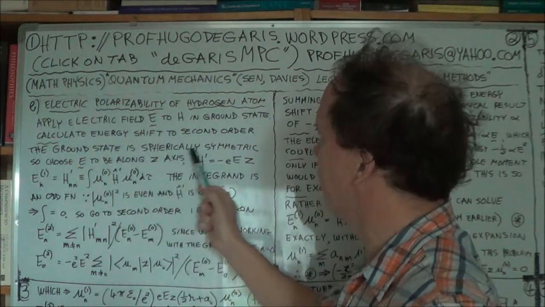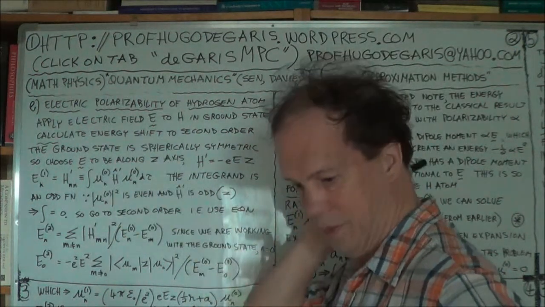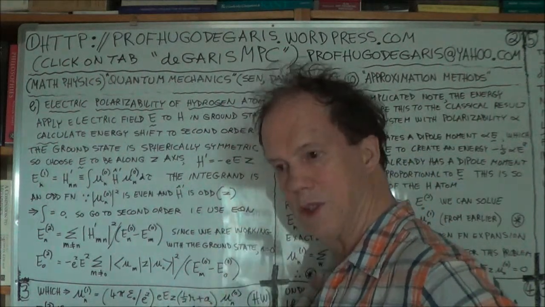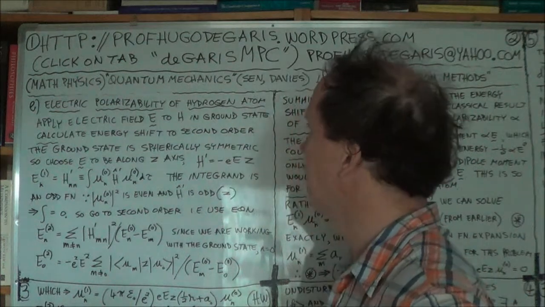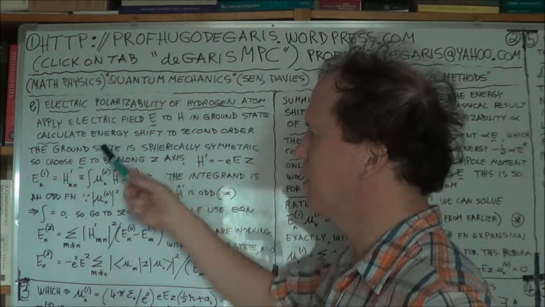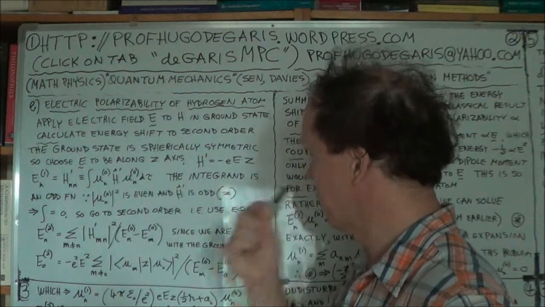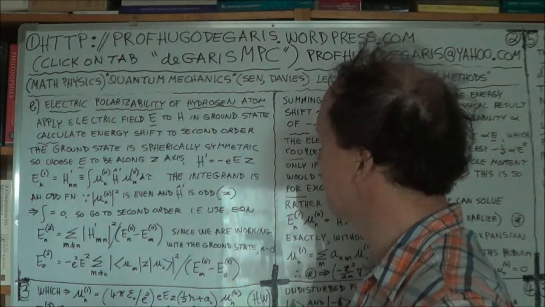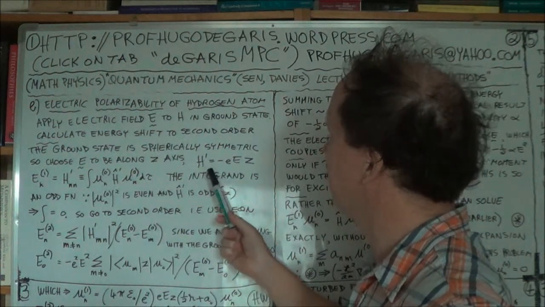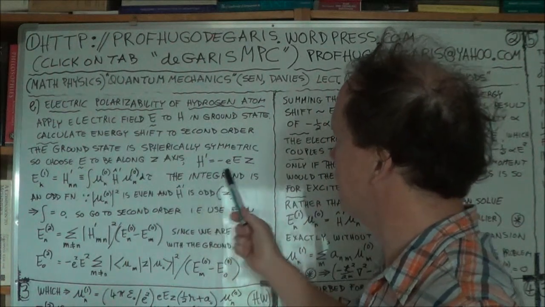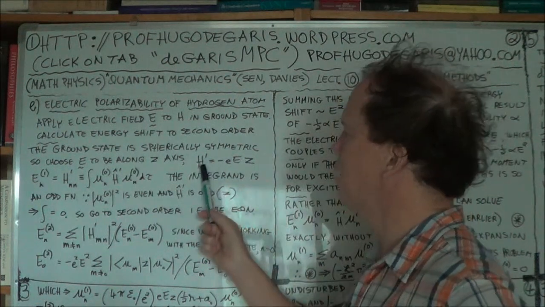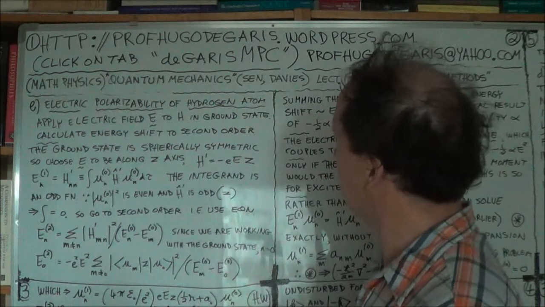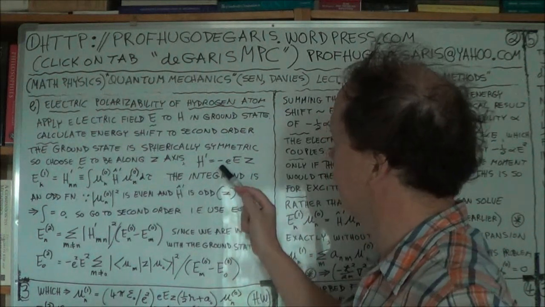Okay, so the ground state's spherically symmetric. It's an S wave. The wave function is spherically symmetric about the nucleus, so we're free to choose any axis we like. So let's just arbitrarily choose one of them to be the z-axis, and then, as we did in the previous session, the perturbing Hamiltonian will be of this form.